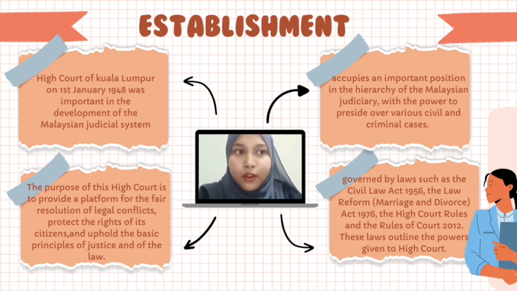The purpose of the High Court is to provide a platform for the fair resolution of legal conflicts, protect the rights of its citizens, and uphold the basic principles of justice and the law.